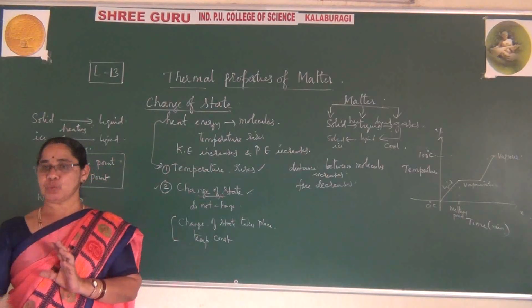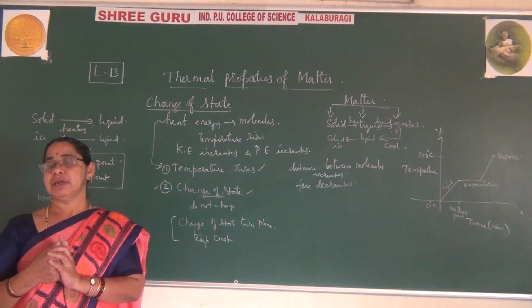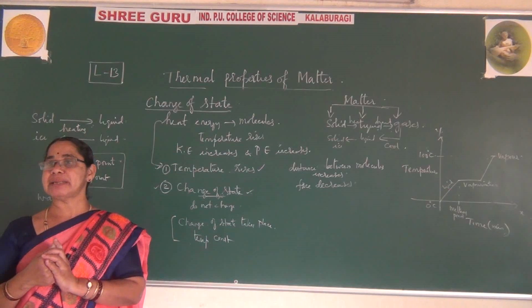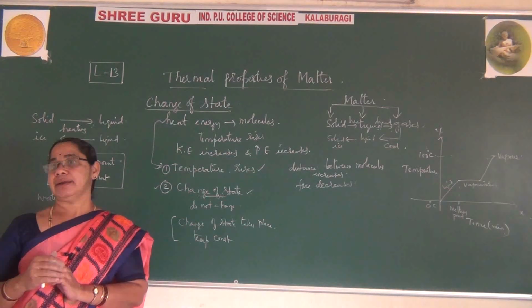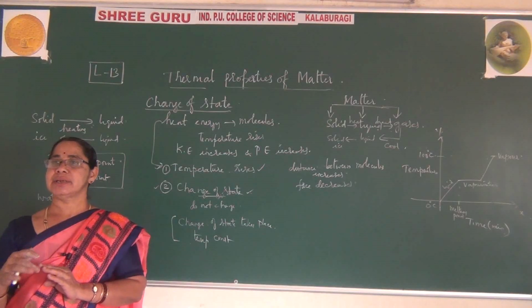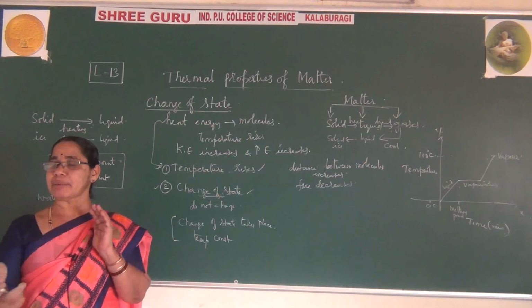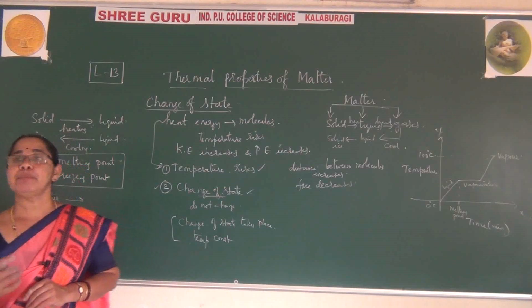I want to remove all the heat from it. When I remove the heat, what happens? The temperature decreases. Still I am removing the heat from it. Again the temperature decreases. Up to what?